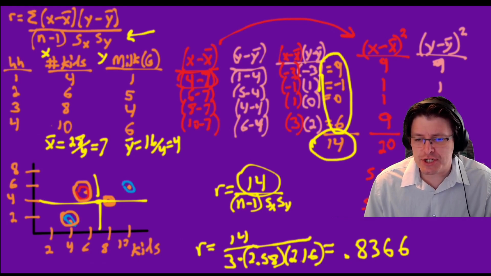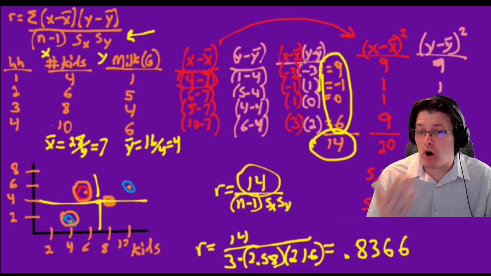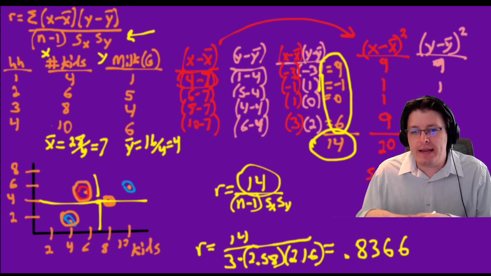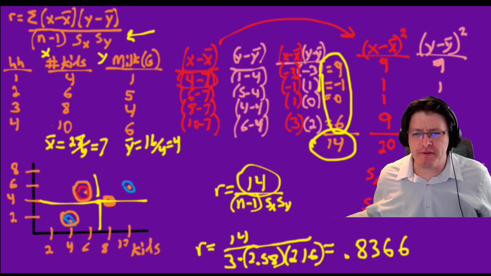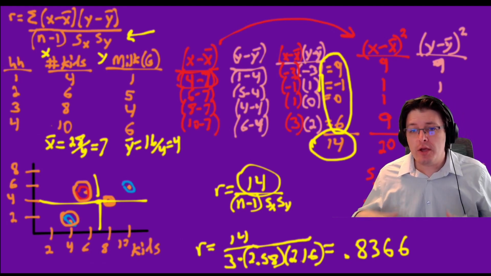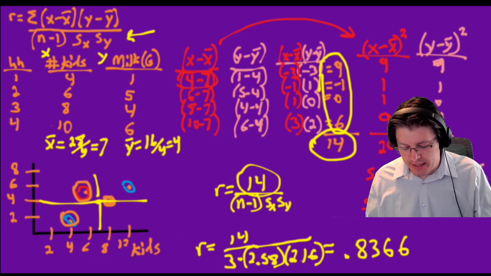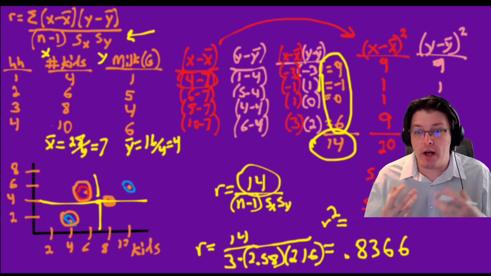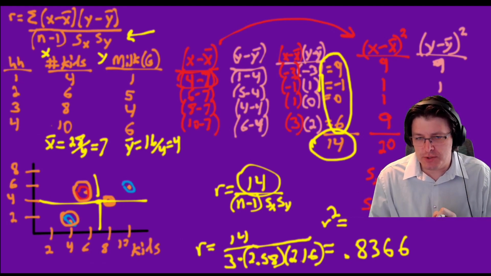A couple other things to draw your attention to: we have calculated r, the correlation coefficient. Now, when you get into the assignment, and what we'll talk about probably Friday when we're in Excel, sometimes you're going to have to calculate what's called R squared. Loosely speaking, this is a measure of how well we can predict one variable using the other.